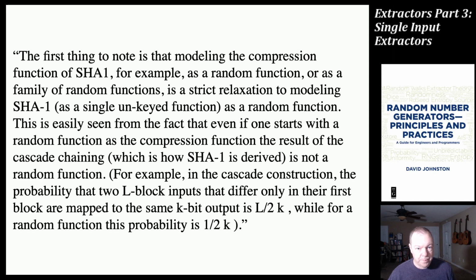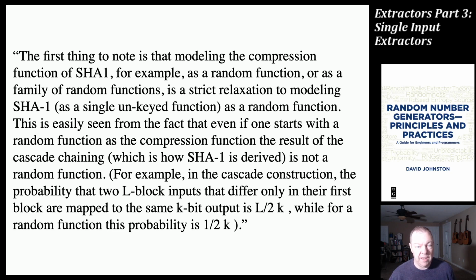And just to get a little bit of an idea of what goes on in the proof, there's a lot that goes on in the proof, but here it says the first thing to note is that modeling the compression function of SHA-1, which is a hash function, for example, as a random function or as a family of random functions.